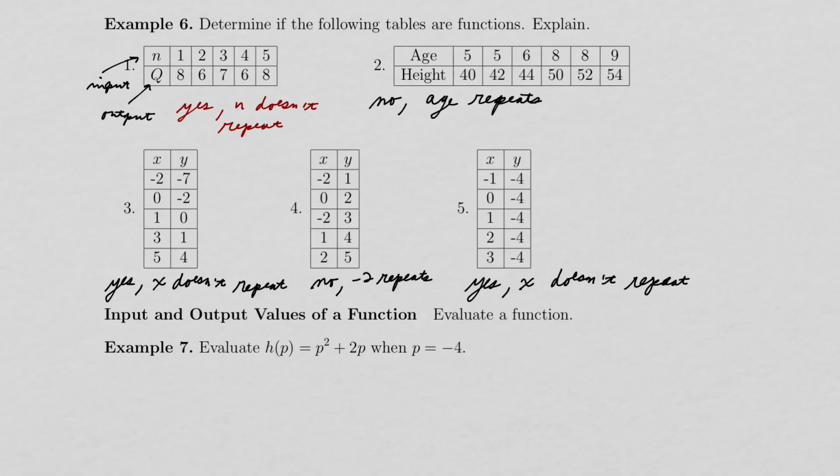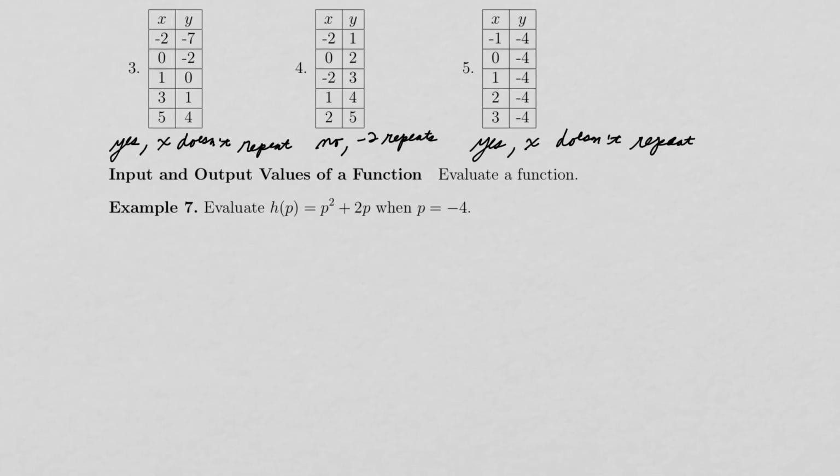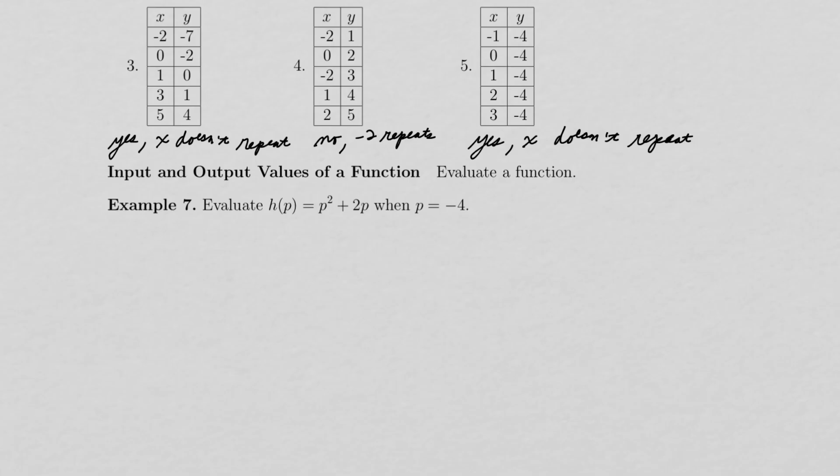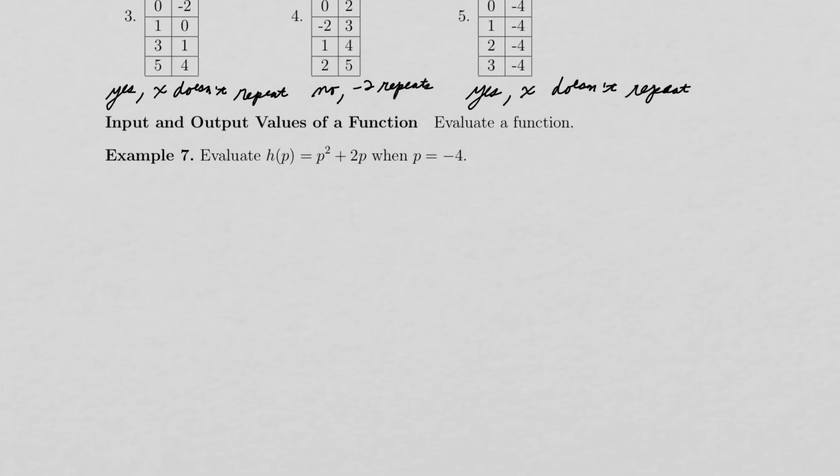Okay, what about functions in equation form, and how do we evaluate a function when it's in equation form? So let's say we have a function here. It turns out it's a quadratic function, right? Because I have a squared value. The highest exponent here is a 2.